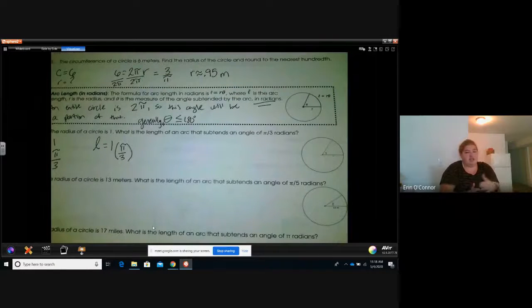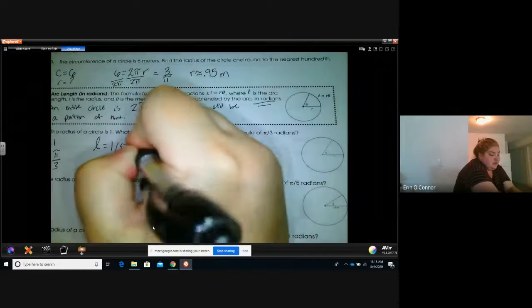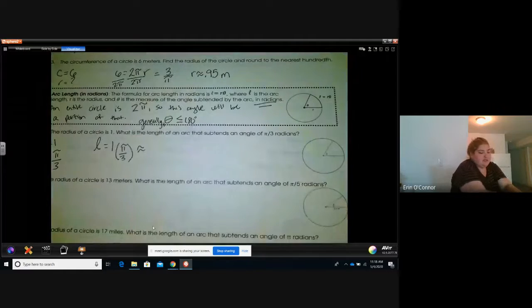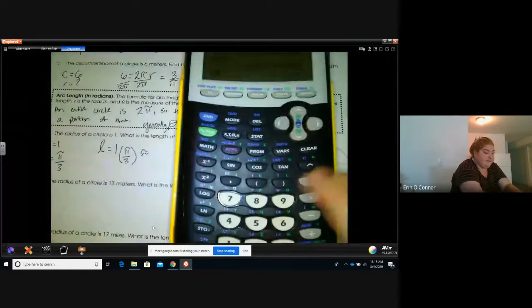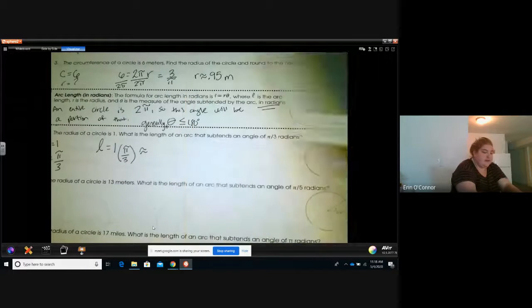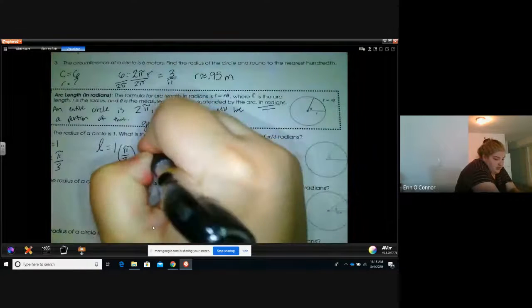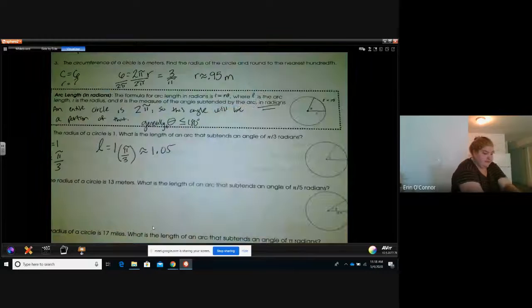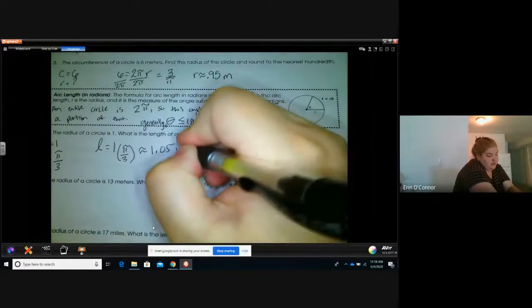Now, we could just say this is pi over 3, but generally they're going to want you to round to the nearest hundredth. So 1 times this is just this, so it's pi divided by 3. And we get 1.05. And it doesn't tell us what length that is, so you can just write units.